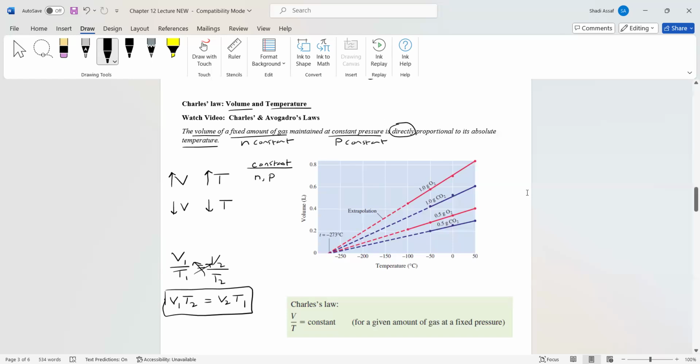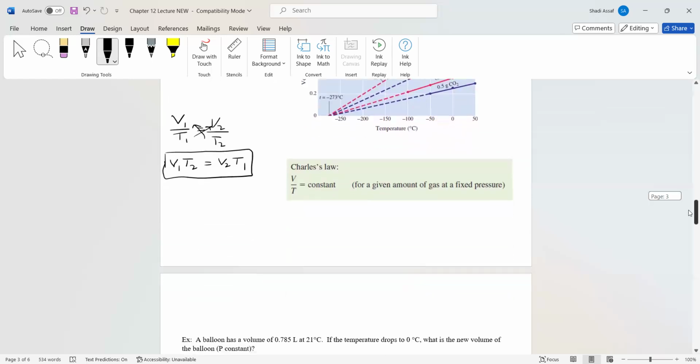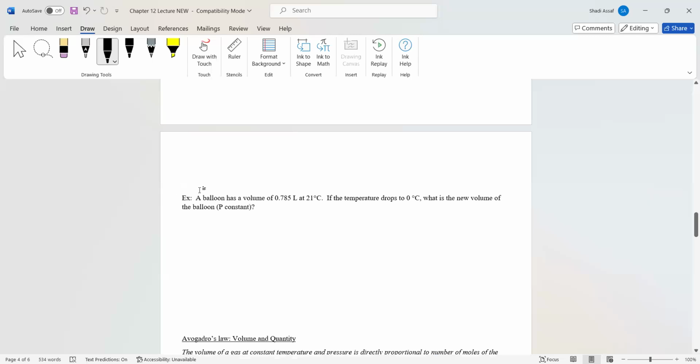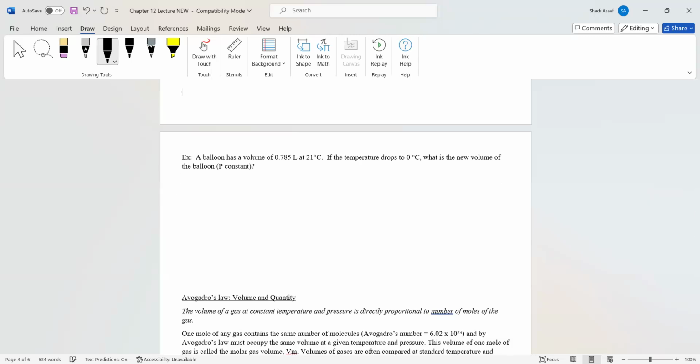So let's look at a problem that involves Charles' law. It says a balloon has a volume of 0.785 liters. So this must be V1. So let's write that down here, 0.785 liters at 21 degrees Celsius.